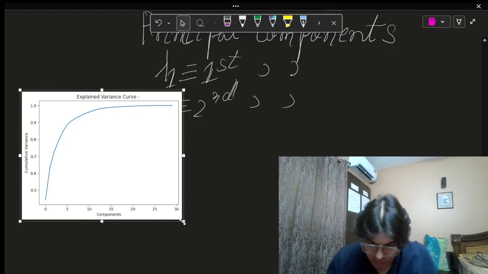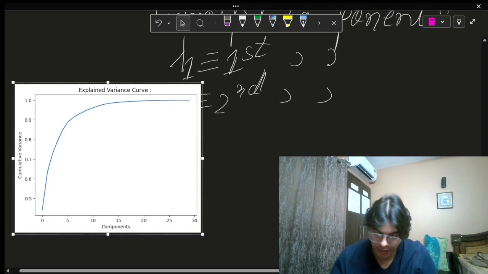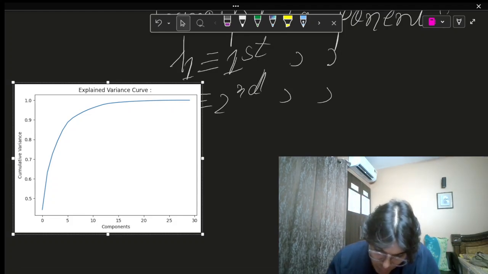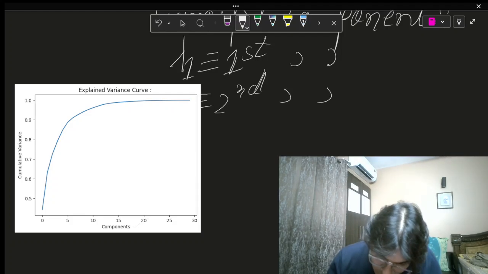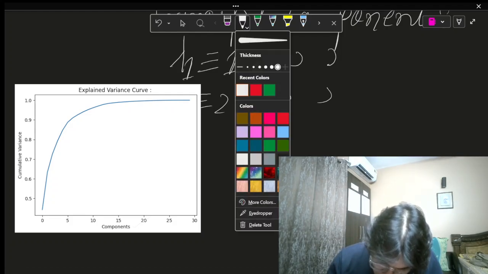It's very easy to understand, but let's try to understand it in a good manner. So what is happening in this diagram? We have these components right here, which are nothing but the features that we were dealing with.